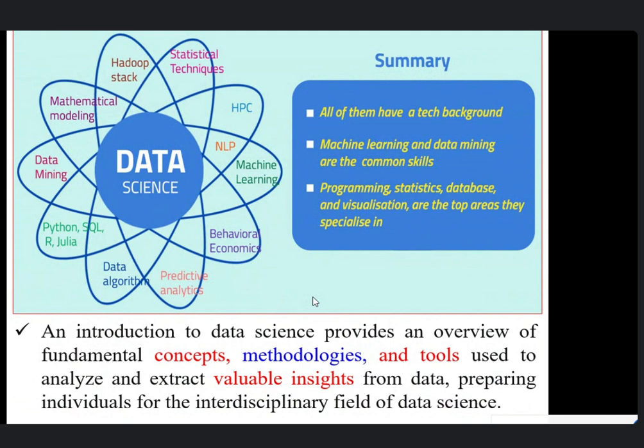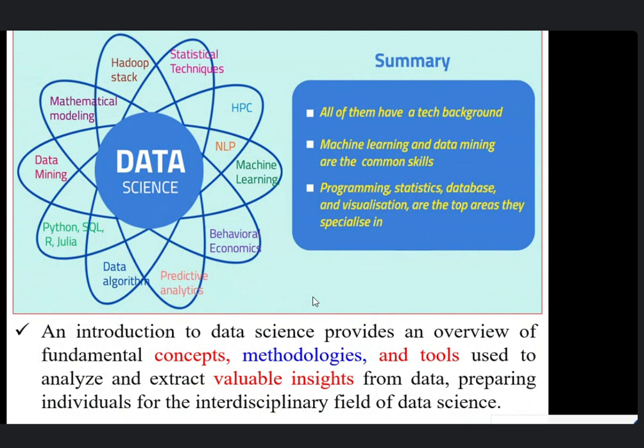This is the summary of data science. You need to have statistical techniques knowledge in this circle representation, and high performance computing, HPC. High performance computing is nothing but computers with a high computing configuration, servers and data centers, like distributed computing, grid computing, and cloud computing. This comes under high performance computing.